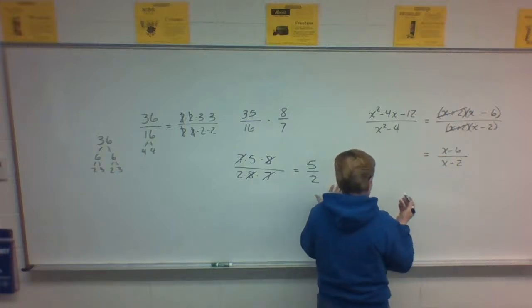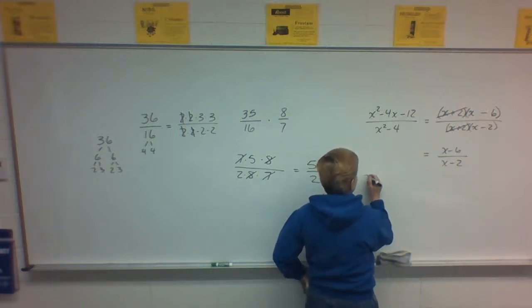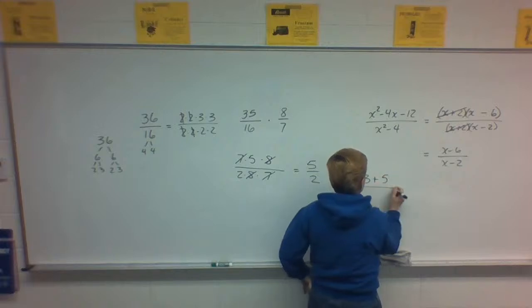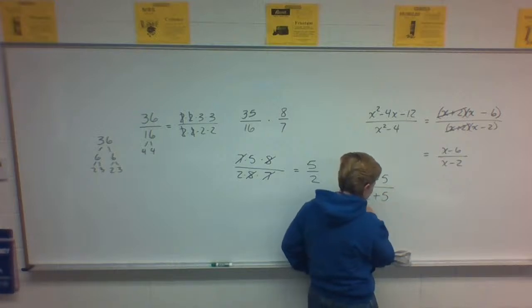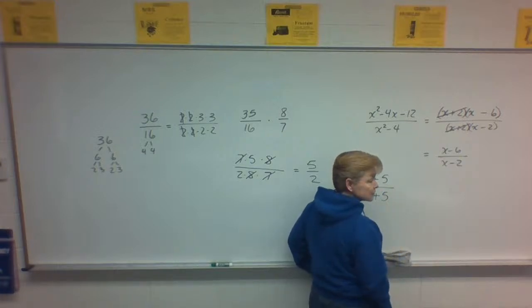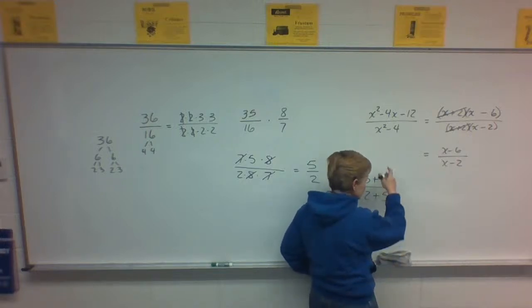I wish it would, but if you have 3 plus 5 over 2 plus 5, that is not 3 halves. That is 8 sevenths. Cannot cancel terms. Terms are things that are added and subtracted.